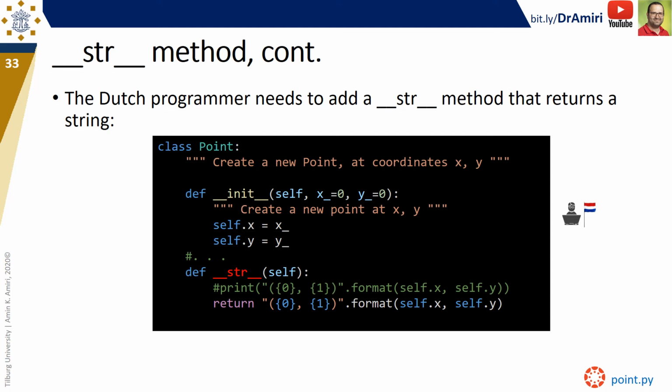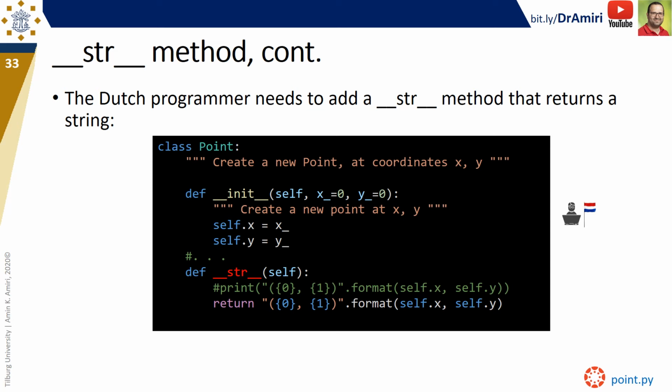You start with def dunder_str and you would have self as the argument of this method. Then here you need to return the string that you want to be printed as a result of printing an instance of this class, which is Point.